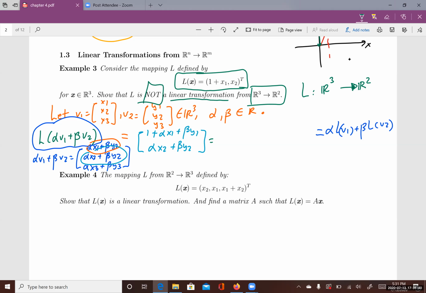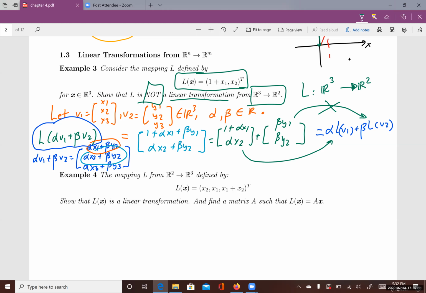First I take (1 plus alpha x1, alpha x2), and the leftover is (beta y1, beta y2). So (1 plus alpha x1, alpha x2) actually equals alpha L(v1), but (beta y1, beta y2) is not the same as beta L(v2).